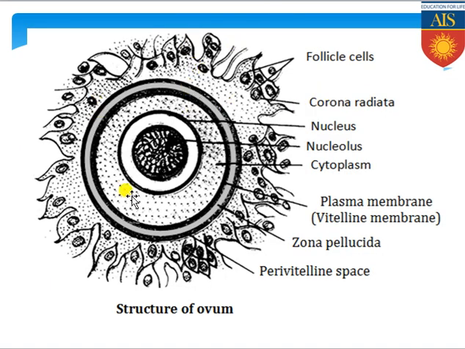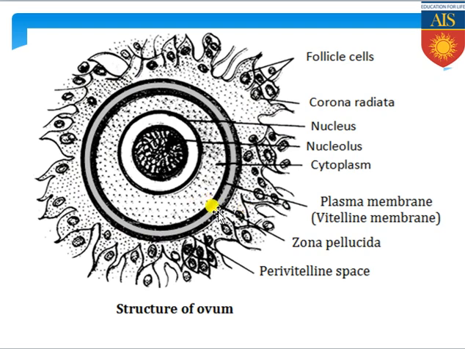So here you can see the structure of the ovum or the secondary oocyte. These are the follicular cells or granulosa cells present outside, providing protection to the ovum, and this layer is commonly known as the granulosa cell layer, or the corona radiata. Now, outside the ovum is a membrane commonly known as the zona pellucida. The inner layer is the vitelline membrane or plasma membrane.